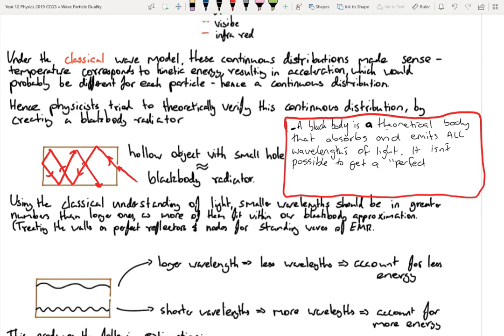It's not possible to get a perfect black body, but it is a good approximation. Things like stars and black holes.